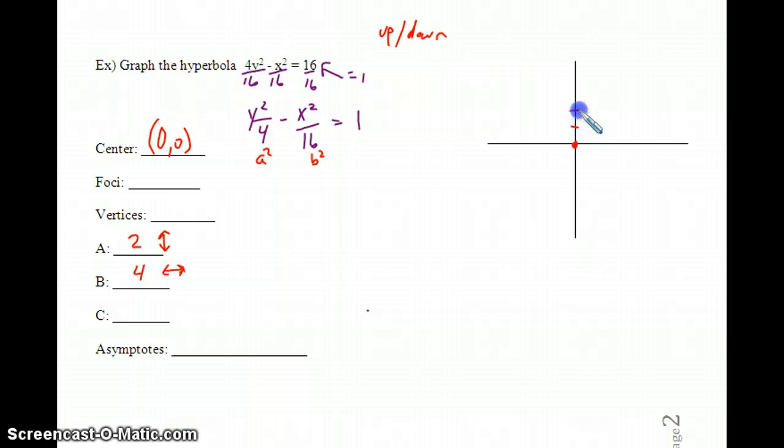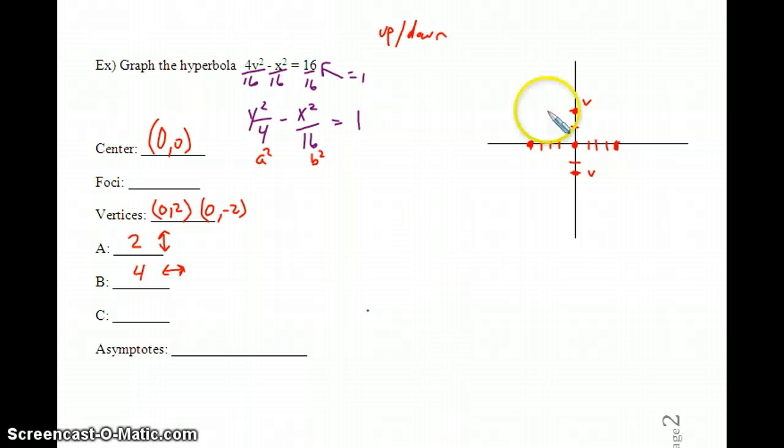So I'd go up to, for a vertex, and down to, for a vertex, so that would be the coordinate points 0, 2, and 0, negative 2. I'm going to go right 4, and I'm going to go left 4.